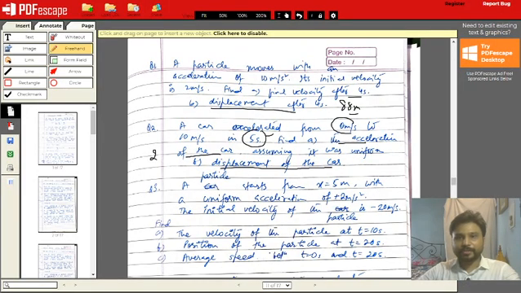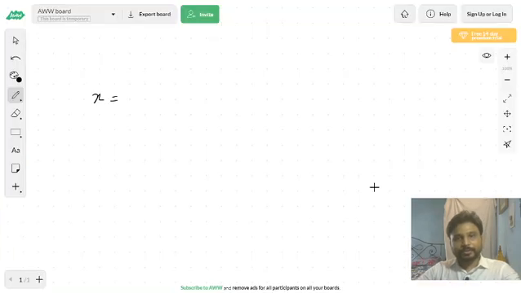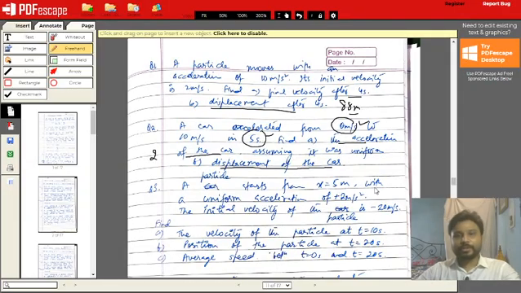So the car started with 0 velocity, 0 into the time it took, which is 5 seconds, plus half acceleration, which we just calculated, 2, into time, which is 5 squared. So that would be 25 meters. So that is the displacement of the car for us.